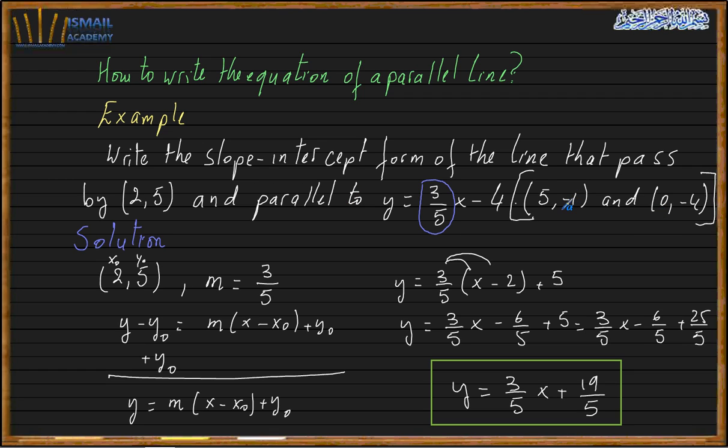So the purpose of those two points is to get the slope. We just need to use the slope formula to find the slope and substitute it into the equation to write it down. So that's the idea. Either they give you the equation of a line or they give you two points, but in both cases, they just need you to get the slope. I hope it's clear.